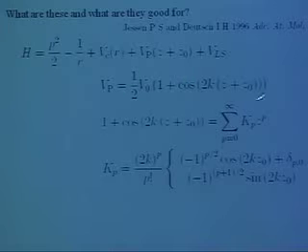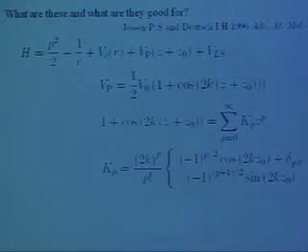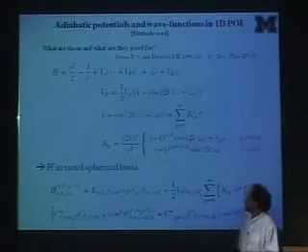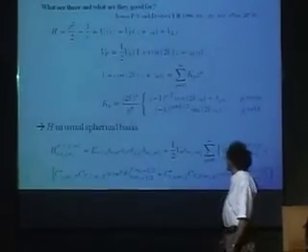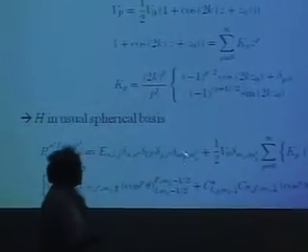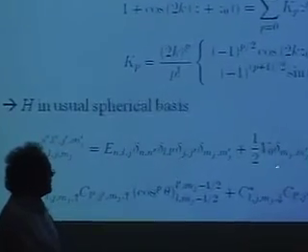You can expand the potential as a sum over polynomials with coefficients you can look up, and then rewrite the Hamiltonian in the usual spherical basis. If you look at what's in there, there are the unshifted energies, and here we have radial matrix elements.